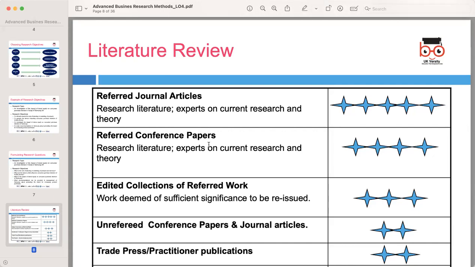Additionally, other papers, trade press publications, and advanced textbooks can provide valuable insight and perspectives. But also remember to critically evaluate each source to ensure its relevance and credibility.